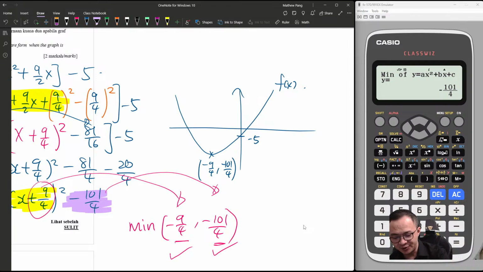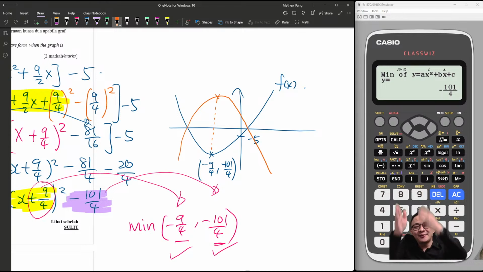Now I want to do a reflection on the x-axis. Please let me draw nicely a little bit. So, first thing, the stationary point's x must be the same, -9/4. What is my y coordinate?